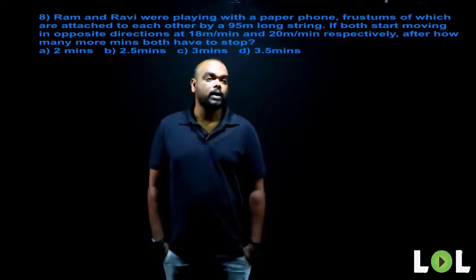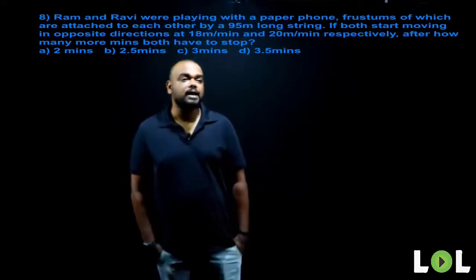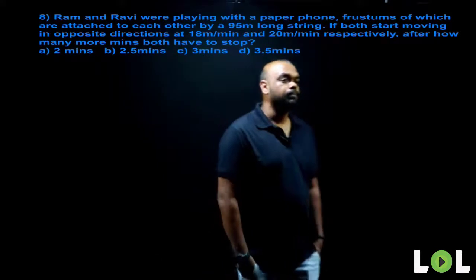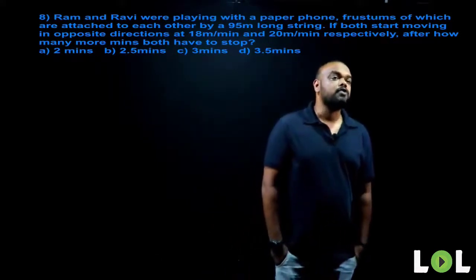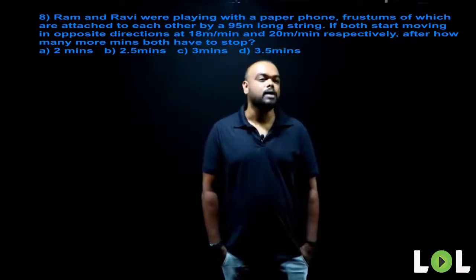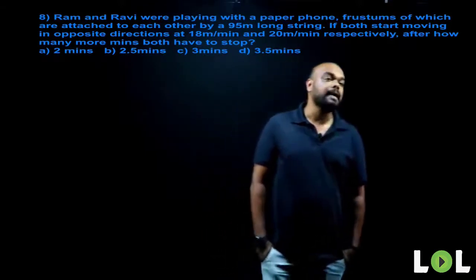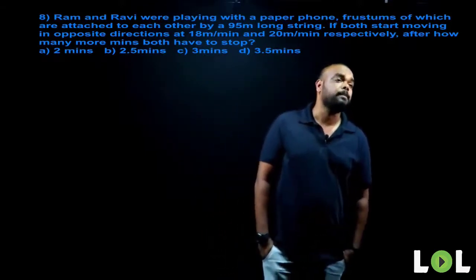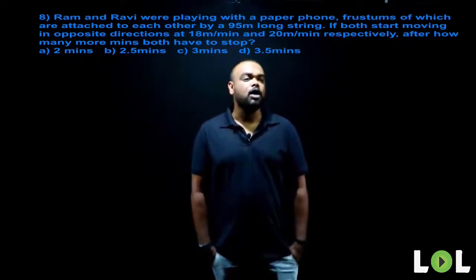Yeah. What do we have in question number 8? Ram and Ravi were playing with a paper phone, frustums of which are attached to each other by a 95-meter long string. If both start moving in opposite directions at 18 meters per minute and 20 meters per minute respectively, after how many more minutes both have to stop?